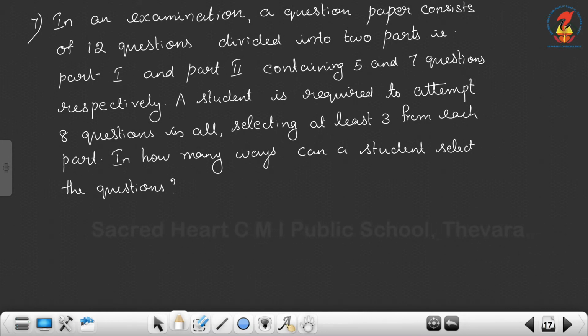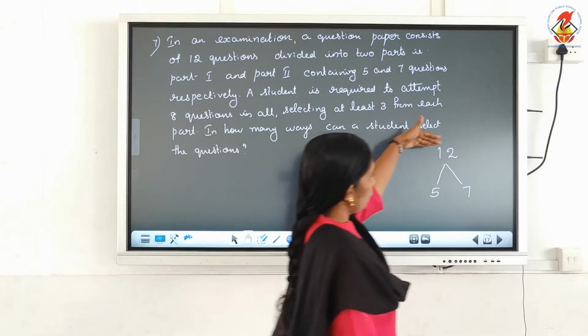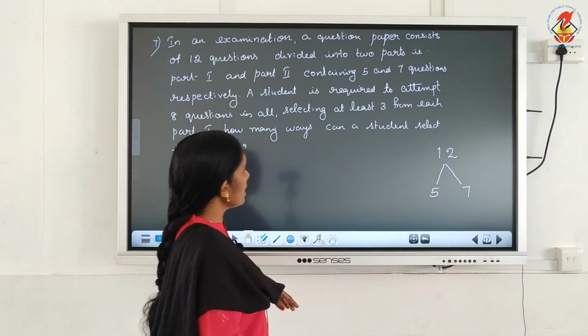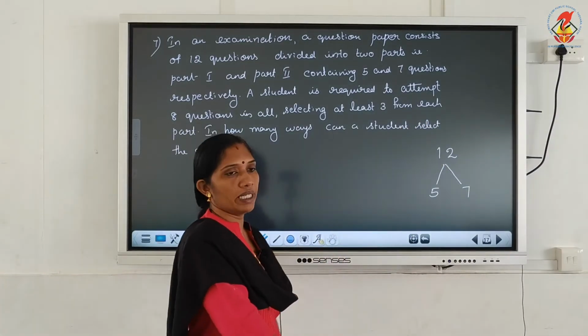In part 1 there are 5 questions, part 2 has 7 questions, and the student must attempt a total of 8 questions out of 12, such that at least 3 are from each part.